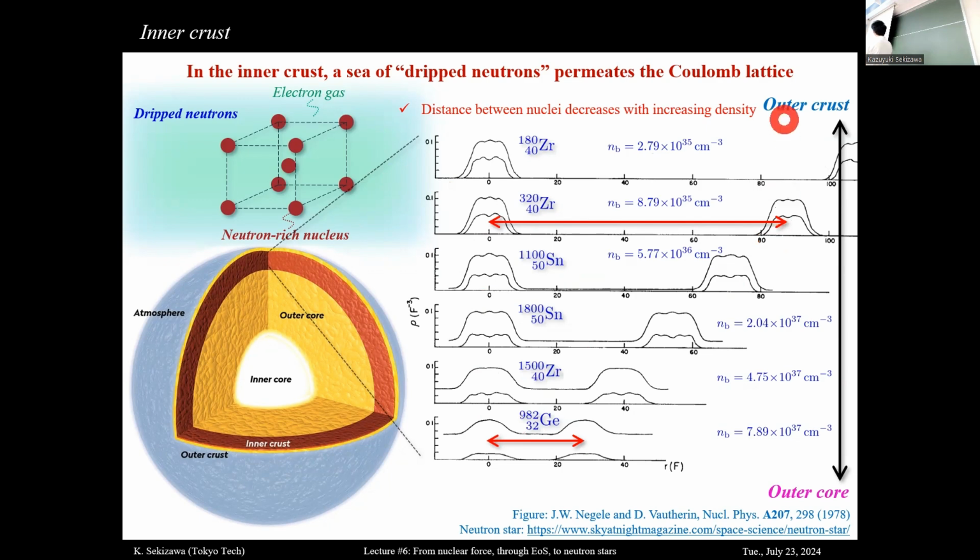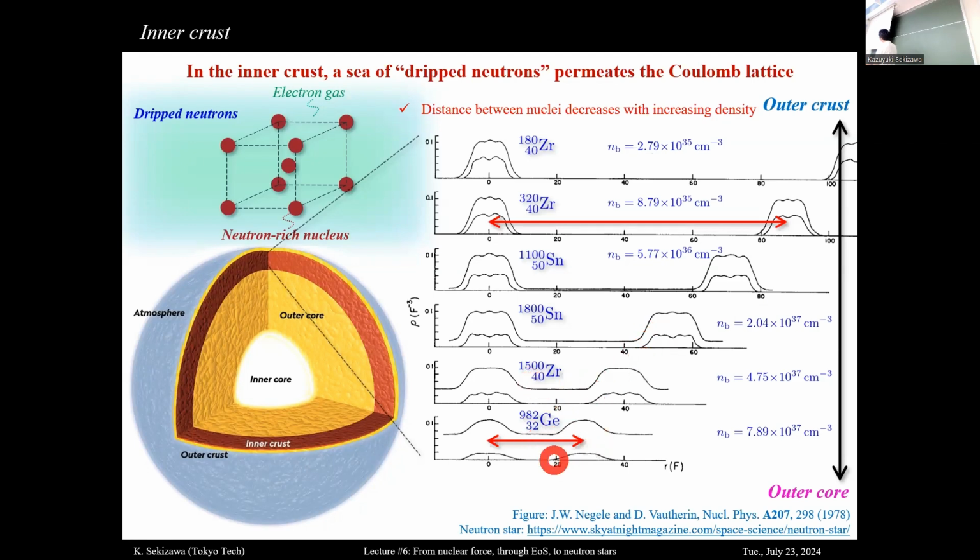Going from the lower density region to the higher density region, these two lines correspond to the proton density distribution and the neutron density distribution. Because the number of neutrons is increasing, we have, as you may see here, dripped neutrons outside of that cluster.